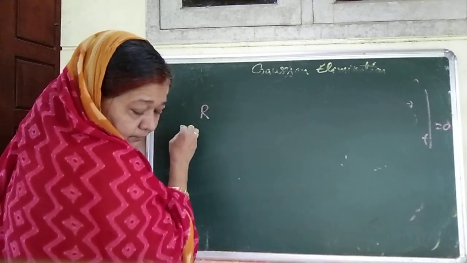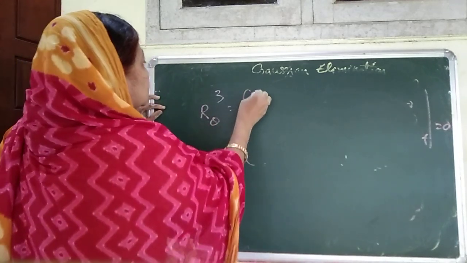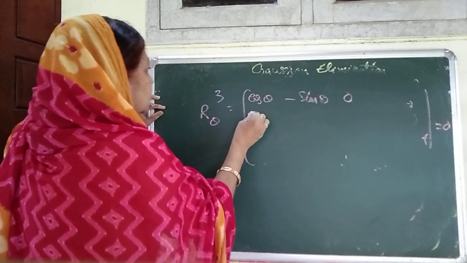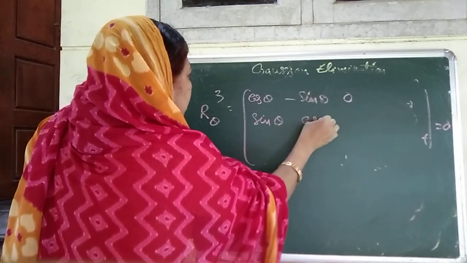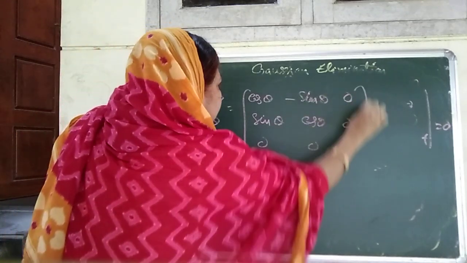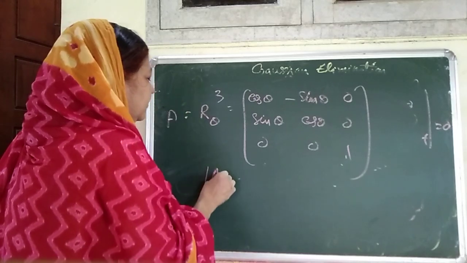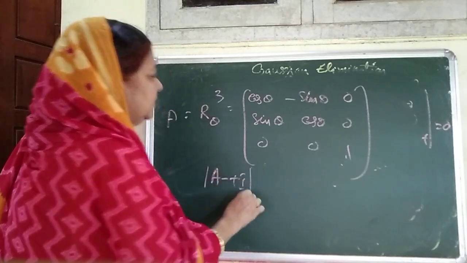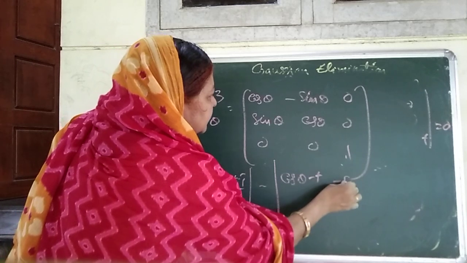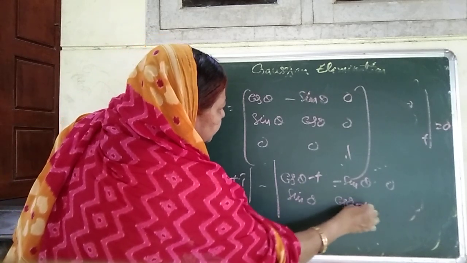R theta is [cos theta, minus sin theta, 0; sin theta, cos theta, 0; 0, 0, 1]. For this matrix we find the determinant of A minus t times I. We solve the equation with entries cos theta minus t, minus sin theta, 0, sin theta, cos theta minus t, 0.